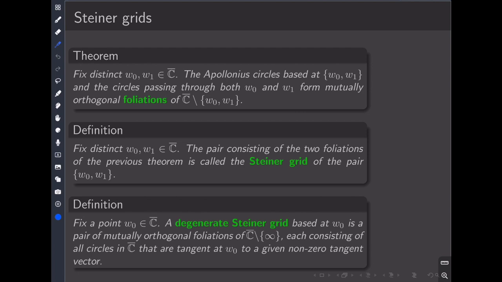By foliating, I mean vaguely that each point in C bar minus those 2 points belongs to exactly one of the curves I'm talking about. But there's the other family of curves that I also have to talk about, and this other family is the family of common circles, so the family of circles that pass through my 2 given points.